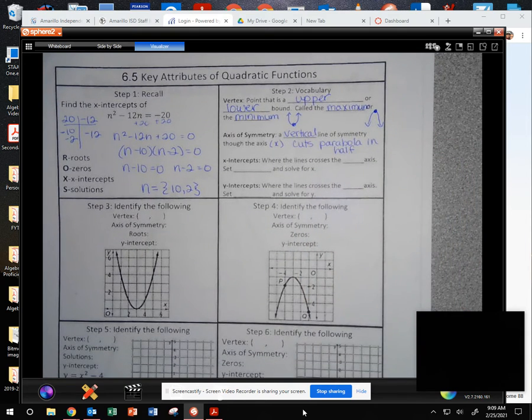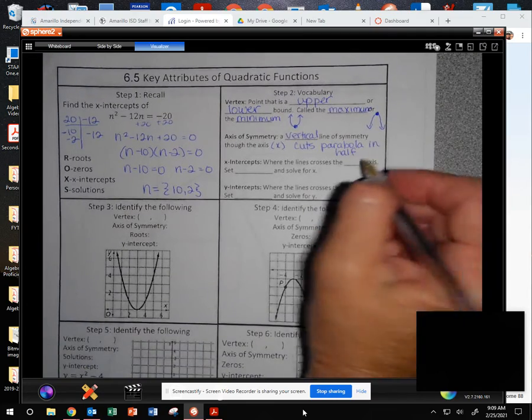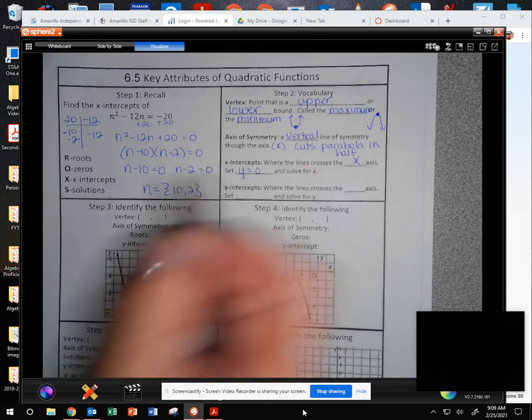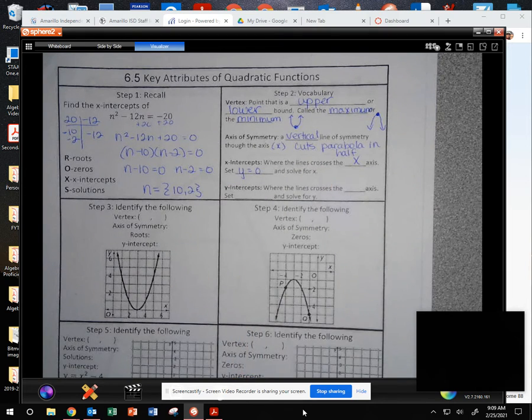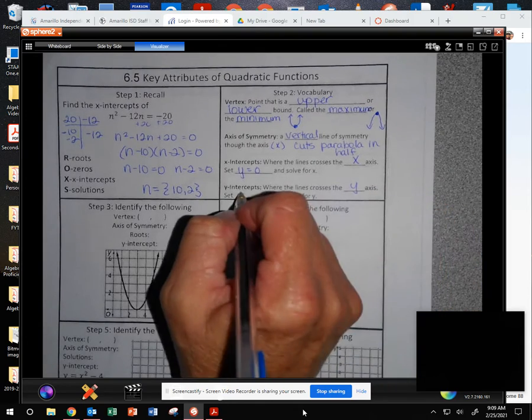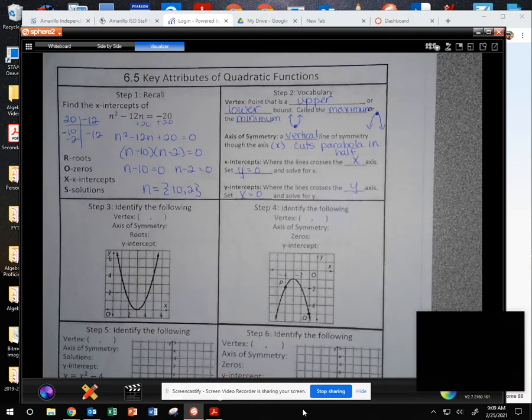The x-intercepts are where the line crosses the x-axis, so we set y equal to 0 and solve for x. The y-intercept is where the line crosses the y-axis, and we set x equal to 0 and solve for y.